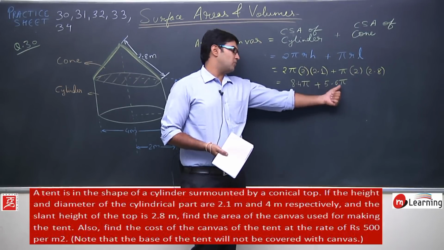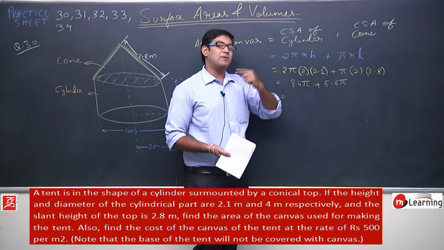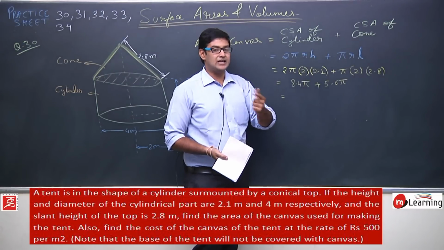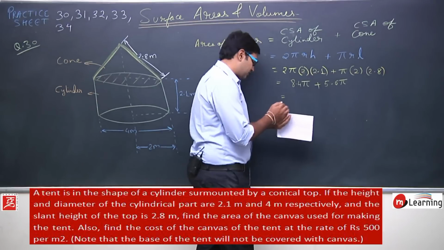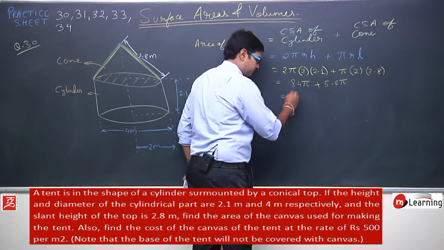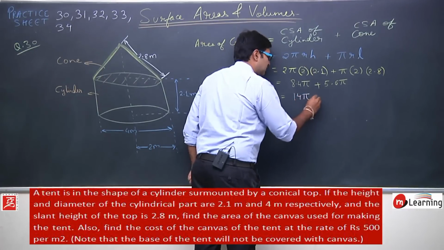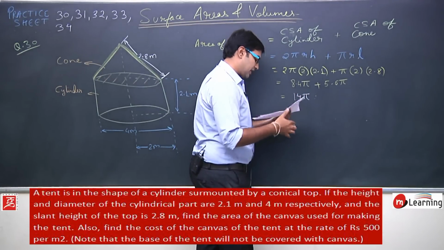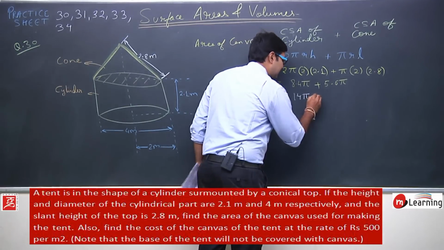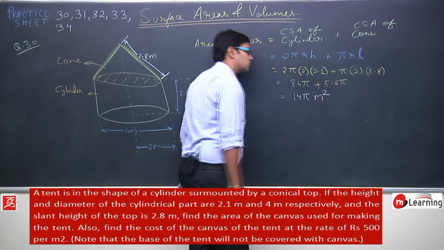So 8.4 plus 0.6 is 9. 9 plus 5, so 9 plus 1 is 10 and 10 plus 4 is 14, okay. So mentally you can calculate in this way and you will get 14 pi, and the unit of measurement of this tent is meters, so this will be in meter square.